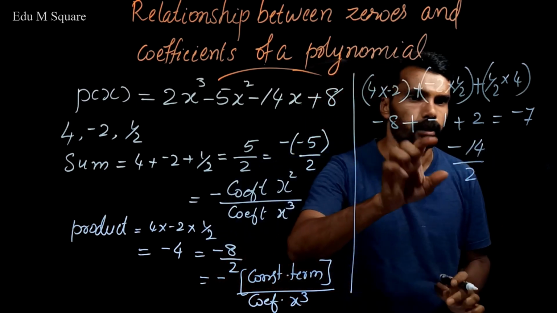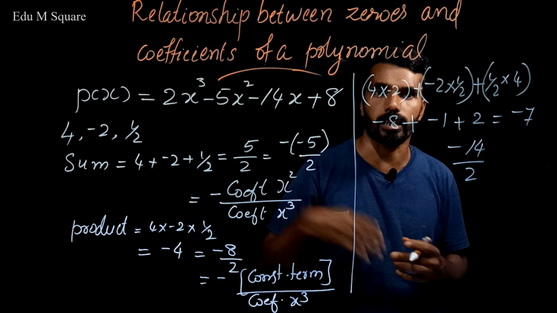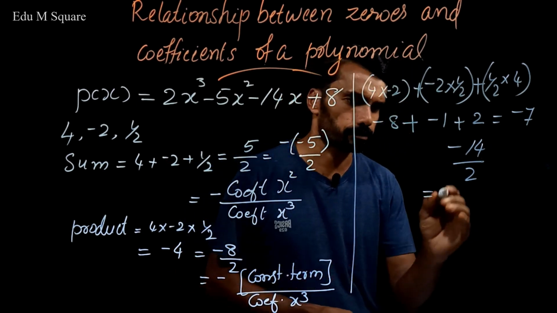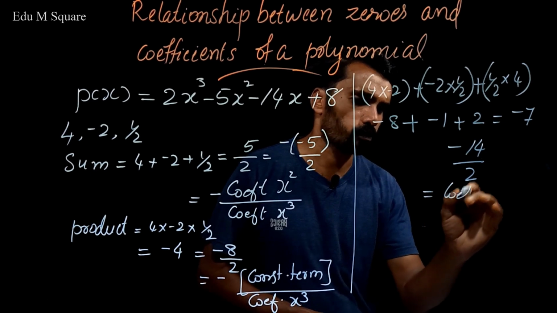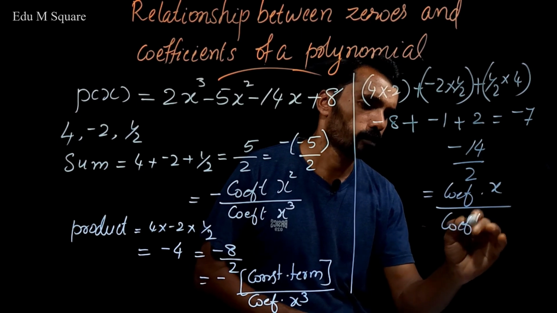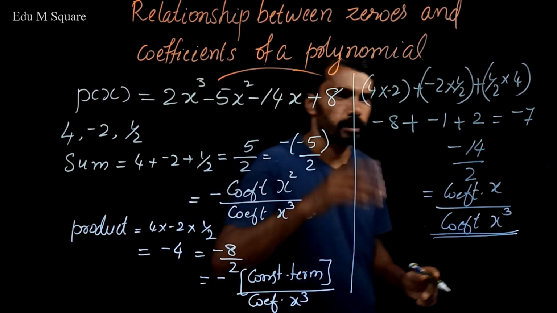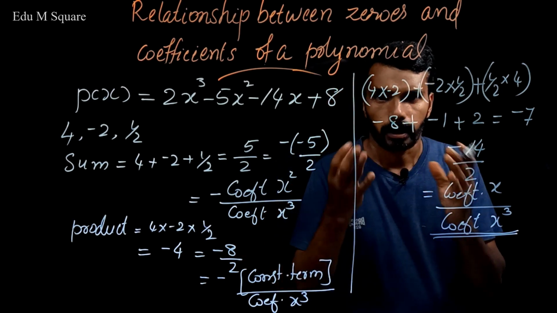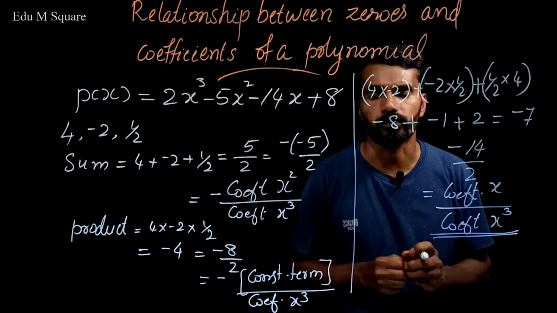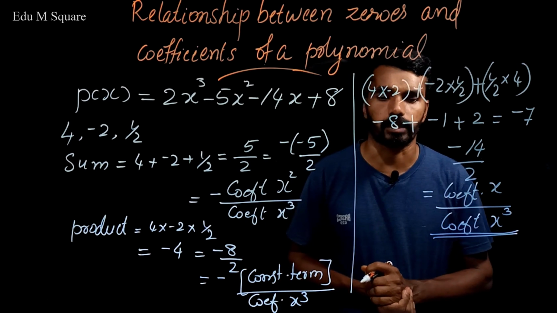Now let us compare. Minus 14 is here the coefficient of x. 2 is again the coefficient of x cube. So this can be written as coefficient of x divided by coefficient of x cube. That is, the sum of the pairwise products of the zeros of a cubic polynomial is the coefficient of x divided by the coefficient of x cube.